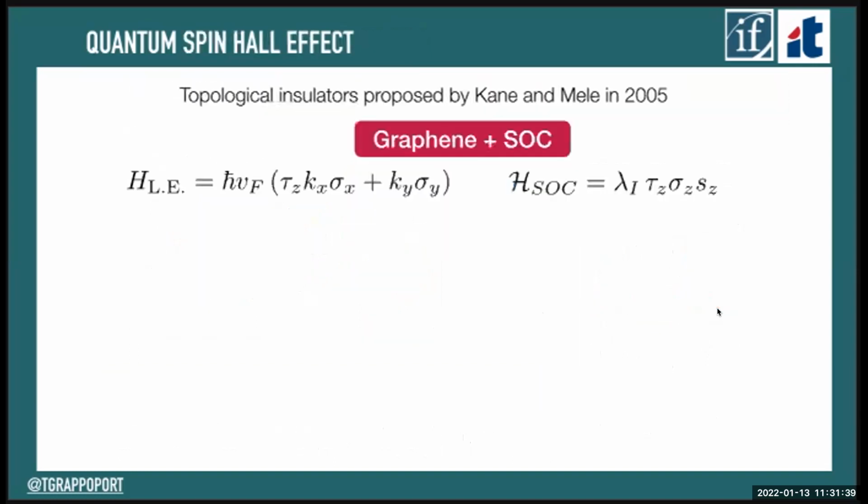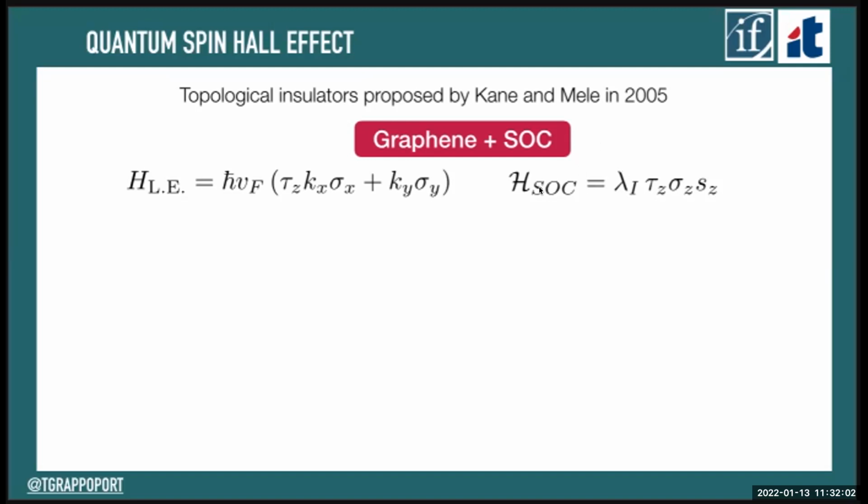Well, we can also have a very similar system, which is graphene, but instead of breaking time reversal symmetry, we include a spin orbit coupling, which is basically two copies of the Haldane model, which is the model of Kane and Mele, presented in 2005 for topological insulators.